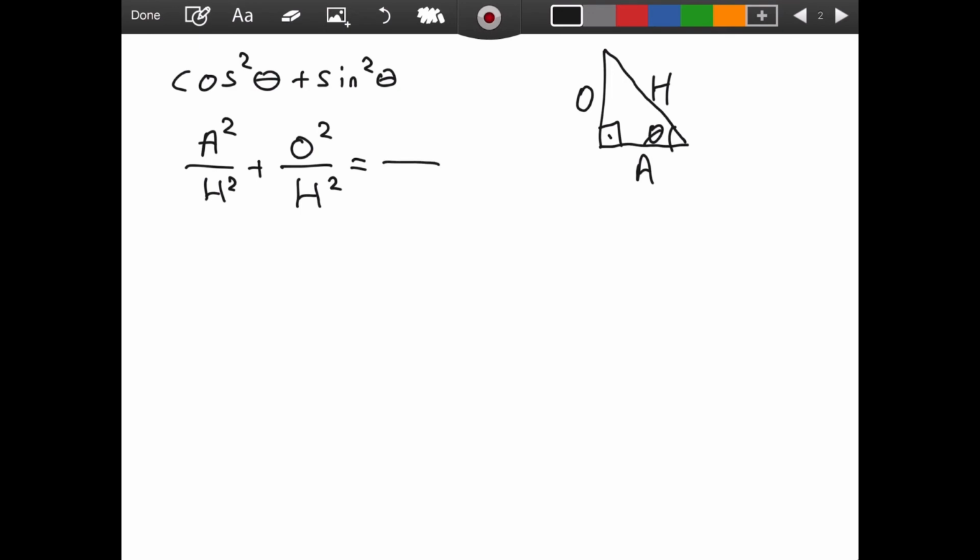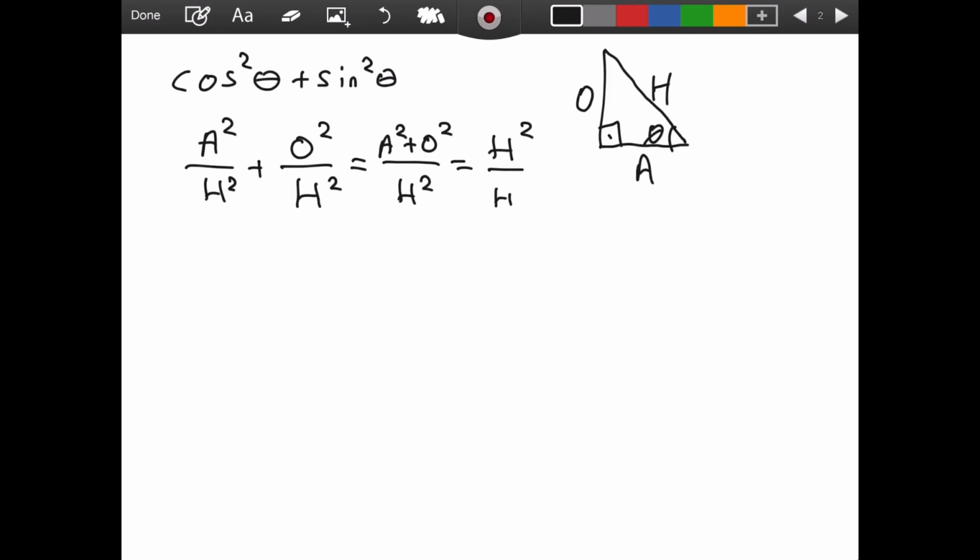Well, we have a common denominator, so we can add the numerators. What is a squared plus o squared? Well, from the law that is very famous, the Pythagorean theorem, we know that this will give us the square of the hypotenuse. So this will give us h squared.